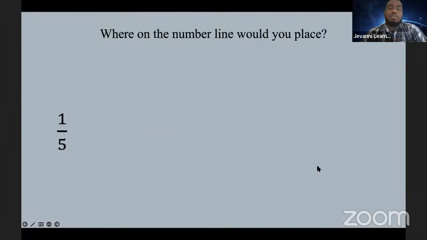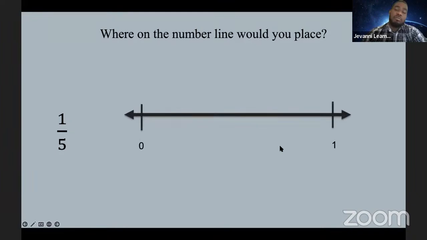Now, 1/5. Again, we're doing the number line thing. So again, how many intervals would I have? We want to use the term equal intervals or equal parts. How many equal parts would I have? How many? 5/6? 5.